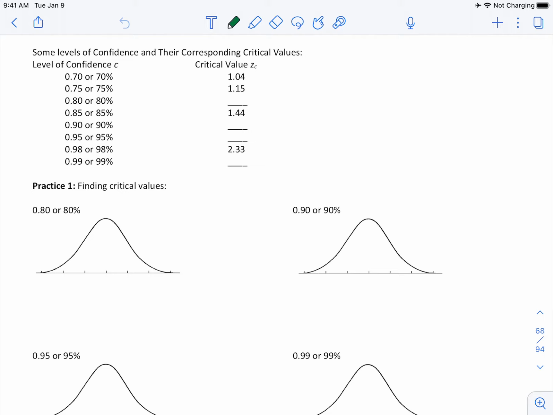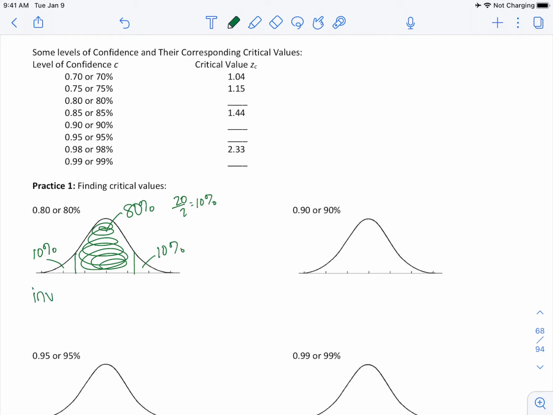So for 80%, we know that the middle 80% is the size that we're looking for. So there's 20% left over. We divide that by 2, so we know there's 10% on either side. That way it's symmetric to the normal curve.